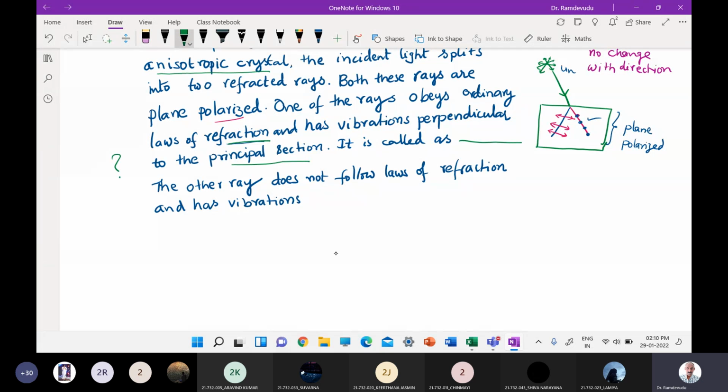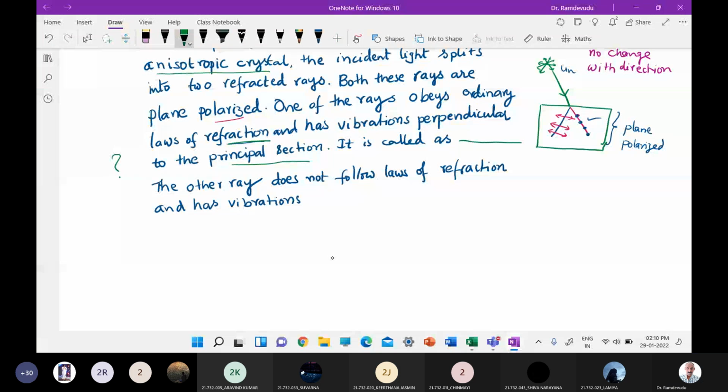So in a double refracting crystal, the incident ray splits into two refracted rays. One of the rays obeys the ordinary laws of refraction like Snell's law and has vibrations perpendicular to the principal section.